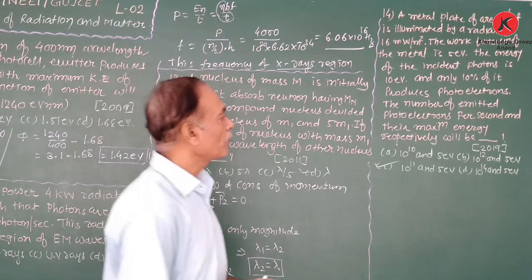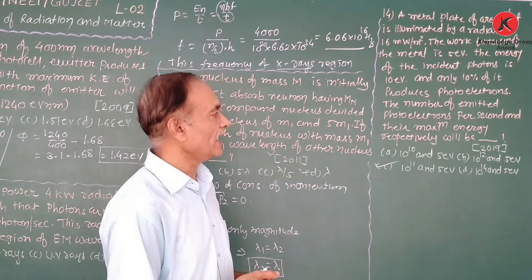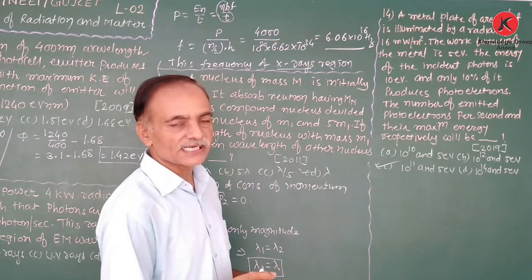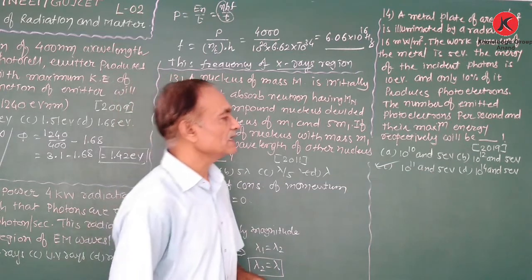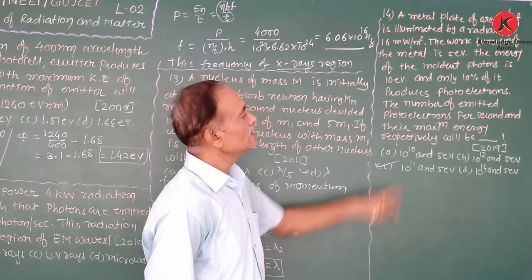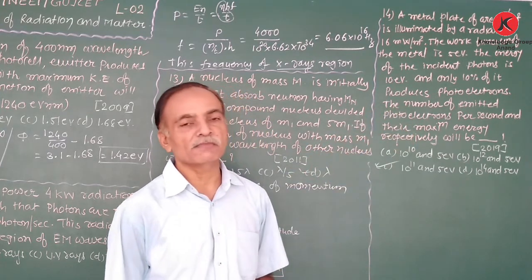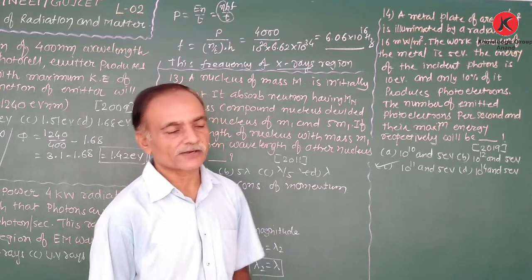The number of emitted photoelectrons per second and their maximum energy respectively will be. That means we have to find the number of photoelectrons emitted per second, and also the maximum energy of these emitted photoelectrons.